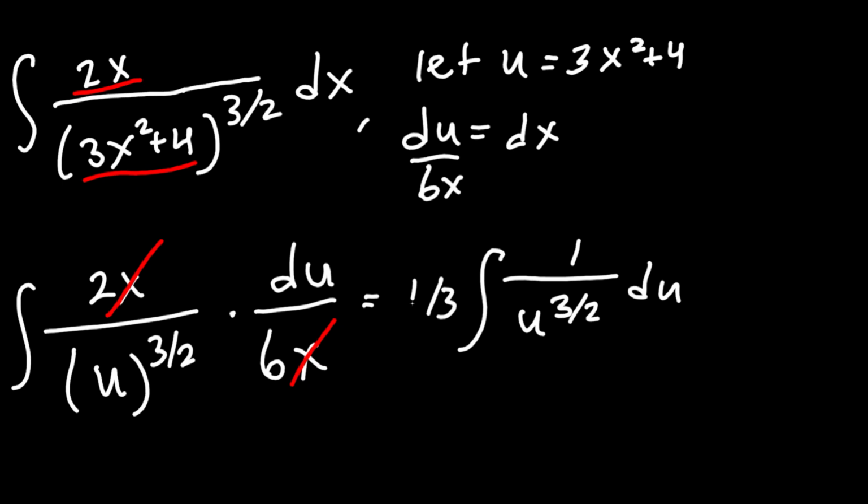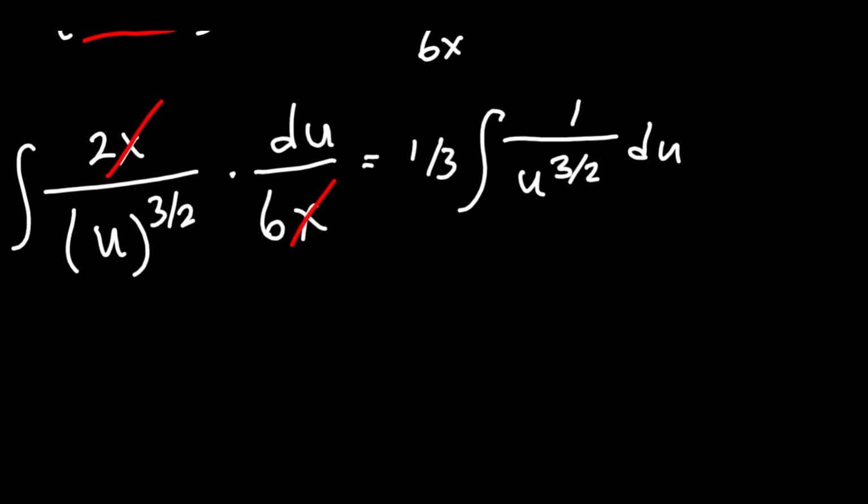So now we actually can integrate. Instead of this whole 2x and 3x squared plus 4 stuff, we now just have a 1 and we just have a u to the 3 halves, which we know how to integrate. You simply just use the power rule.